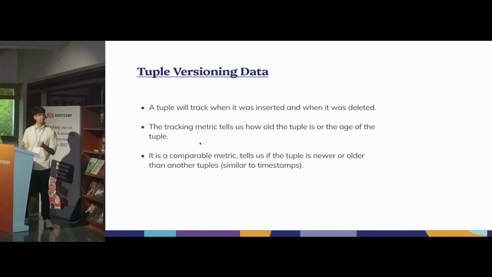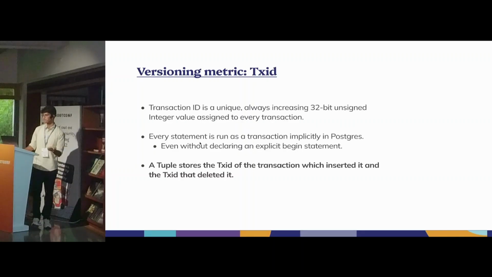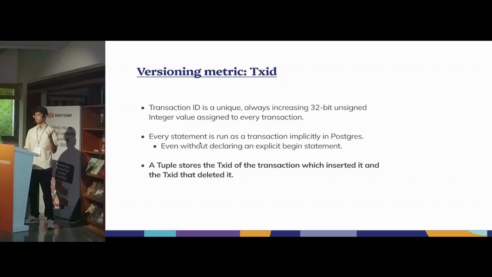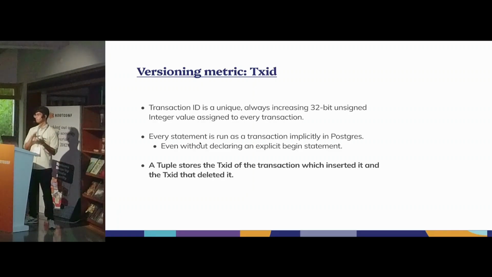The important thing to note is that the versioning data should be comparable. You should be able to compare two tuples and tell which is older and which is newer. And the way Postgres does this is using transaction IDs. Every statement you run in Postgres, every select statement, every write statement such as an update, insert, or delete, is implicitly run inside a transaction. You don't have to declare a transaction explicitly with the begin clause.